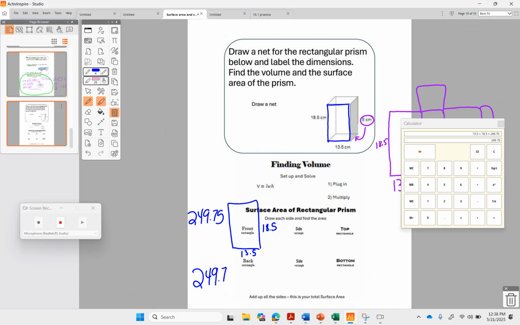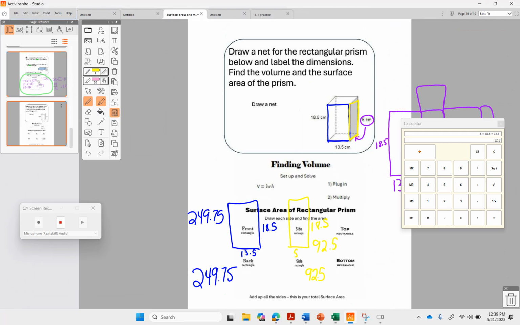Okay. Now, let's go to the side. And the side is 5 centimeters, again by 18.5. 92.5. There are 2 of those.